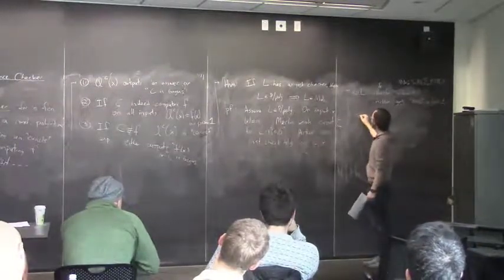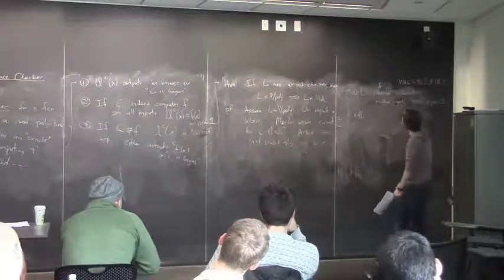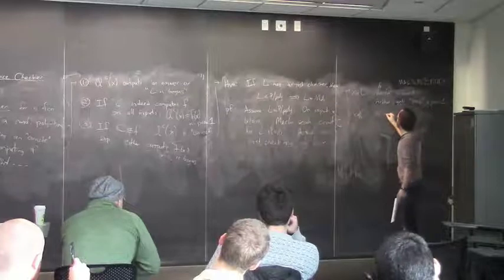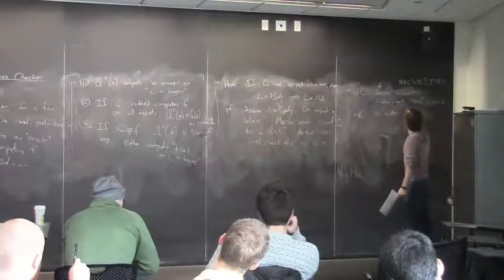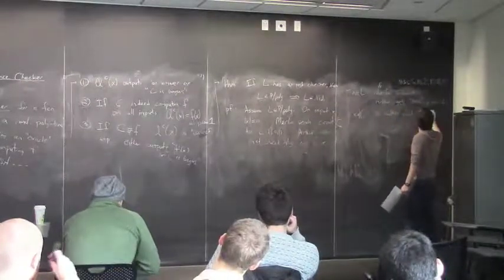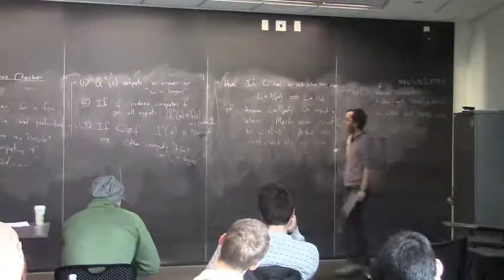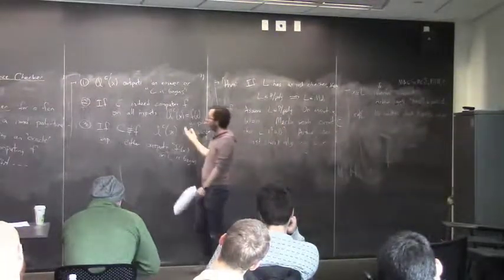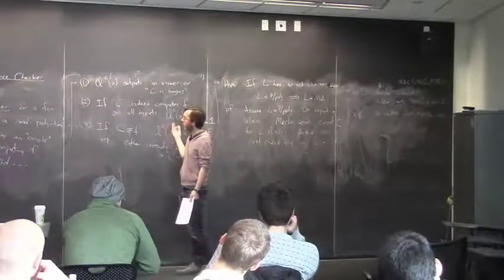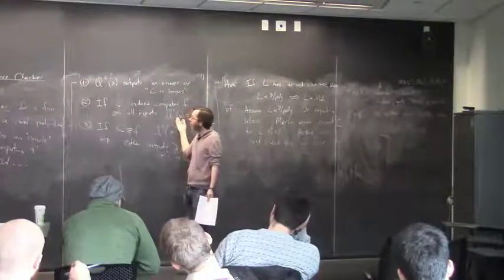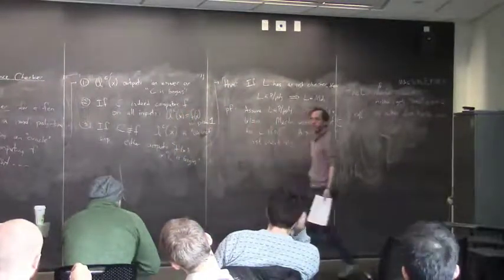On the other hand, if X is not in L, then no matter what Merlin sends, well, what could happen? Merlin could actually send the true circuit C that decides L. But then Arthur will just learn that X is not in the language.